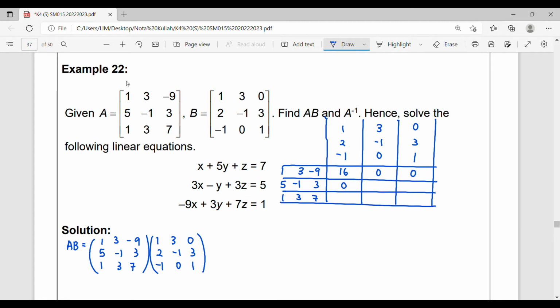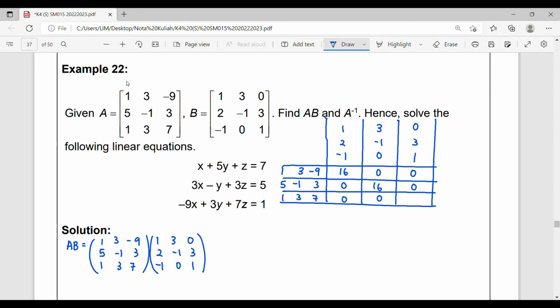And then this one is 15 plus 1, and then plus 0, it gives us 16. So 0, -3, +3, gives us 0. Then 1 plus 6, and then minus 7, 0. Then 3 minus 3, then 0.